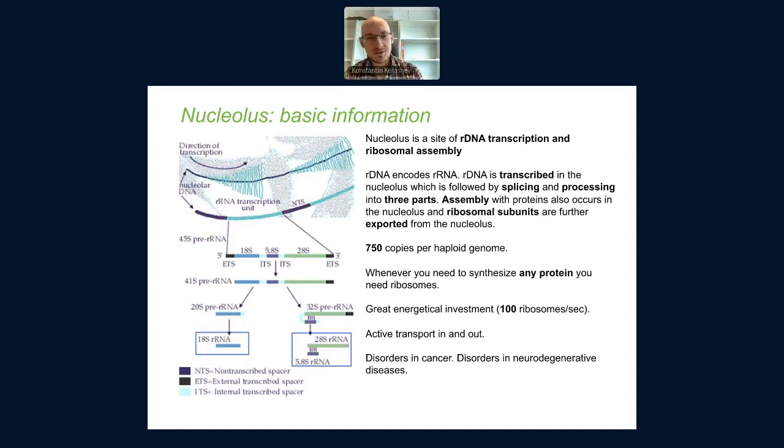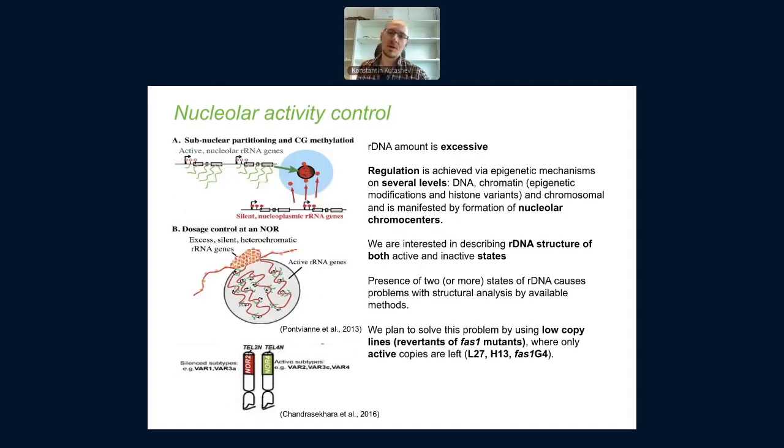There are 750 copies of rDNA per haploid genome, so its amount is excessive. And basically, the main motivation for any study of the nucleolus is that whenever you need to synthesize any protein, you need ribosomes. So it's important to understand how the rDNA repeats are regulated. As I mentioned, this rDNA amount is excessive.